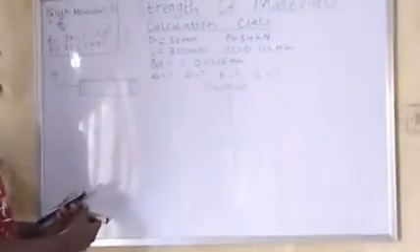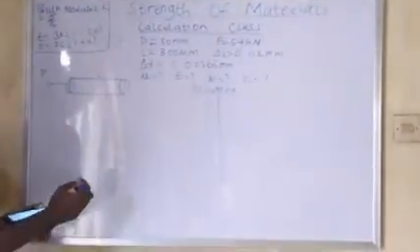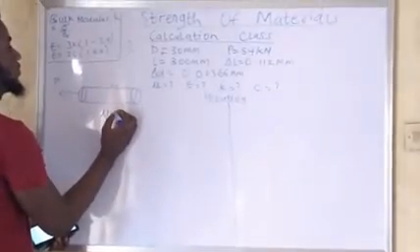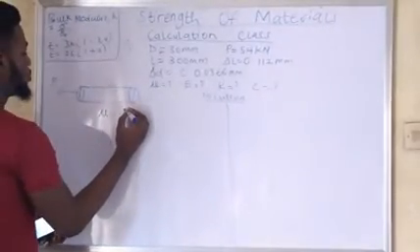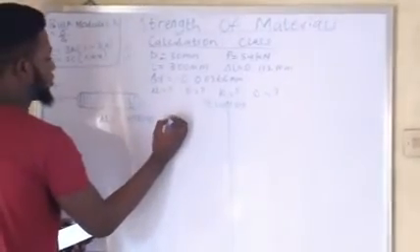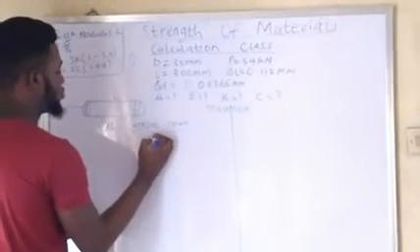And remember that the formula for Poisson ratio μ is lateral strain over longitudinal strain.